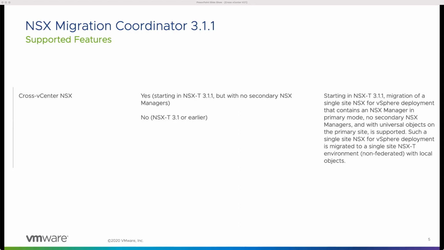If you were really just using your cross-vCenter environment, say just for disaster recovery, and that secondary site was sitting dormant, you could go ahead and delete that secondary NSX manager, leave your primary manager up with its universal objects, and then migrate it over to one NSX-T instance.